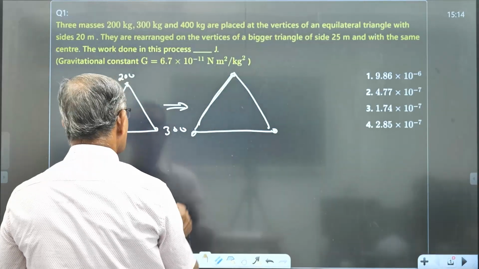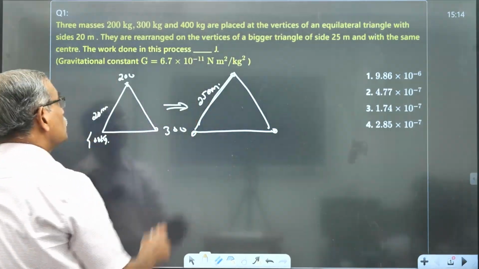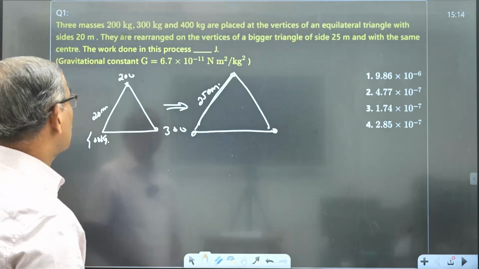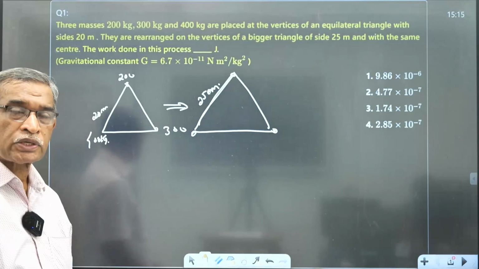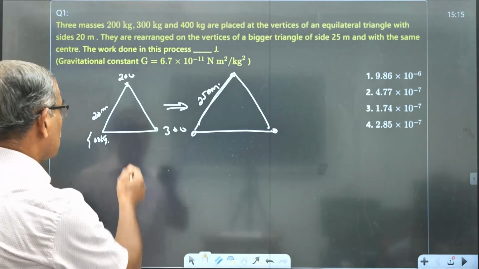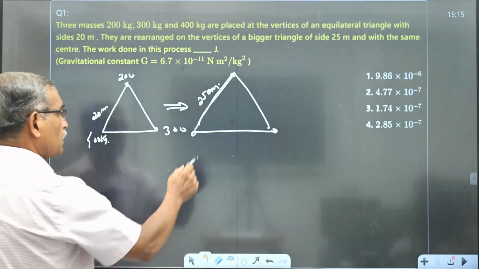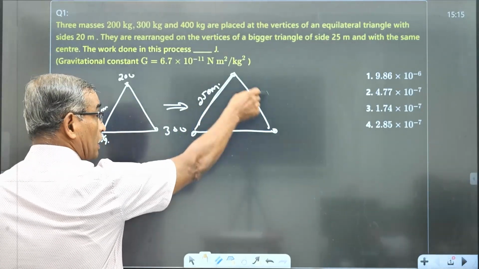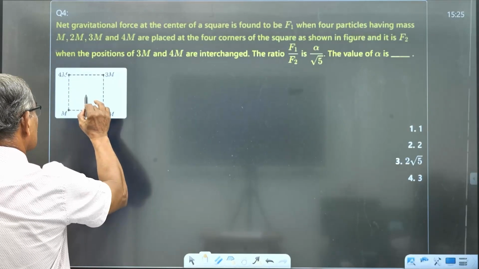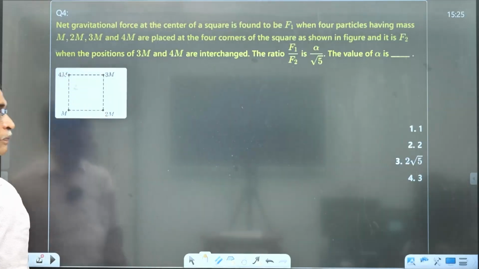Masses are the same, but this is 25 centimeters. That's okay. At 25 meter, 20 becomes 25 meter. Now what is the work done? Work done is the same as the change in potential energy. So we have to find the initial potential energy of this configuration and the final potential energy of this configuration. Imagine a unit mass here, the force due to 4m, here 2m, and the effective is 2m along this direction.